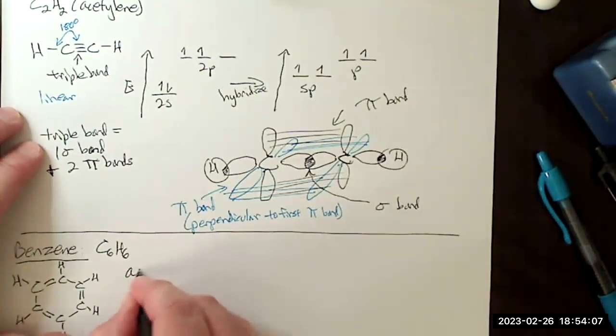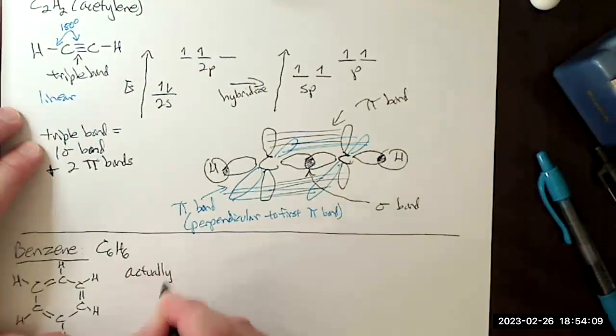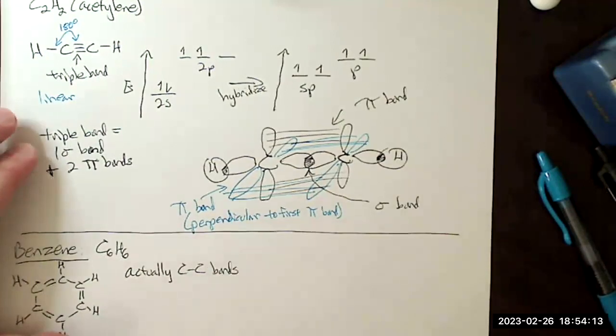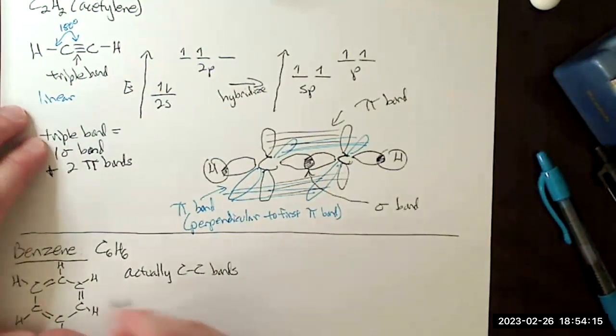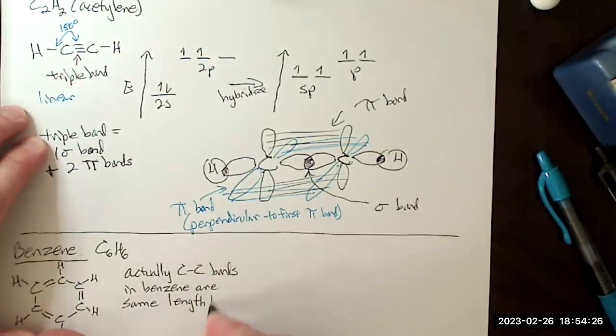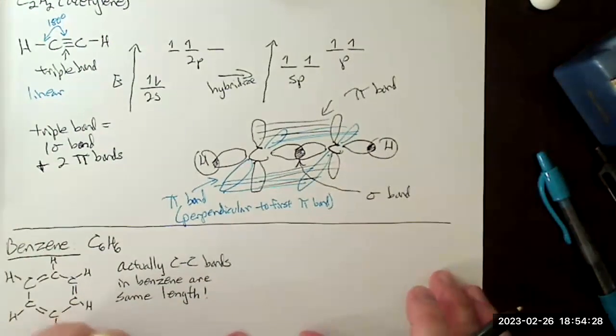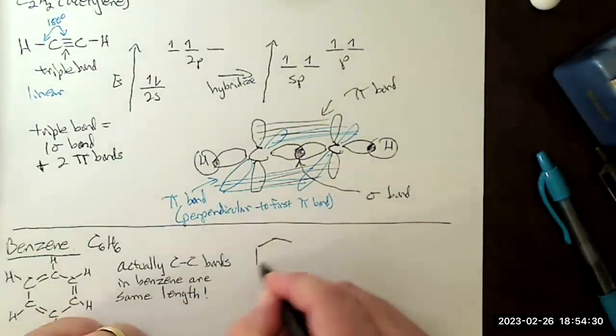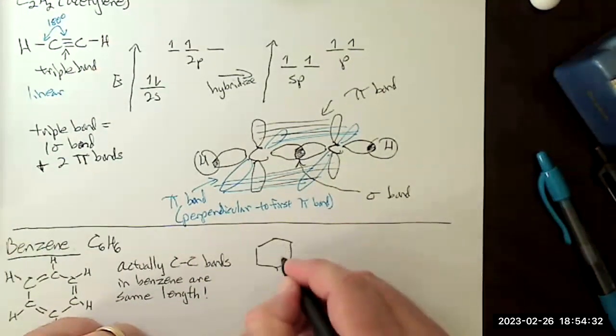Actually, all of the CC bonds in benzene are the same length. And so we can draw a resonance structure.